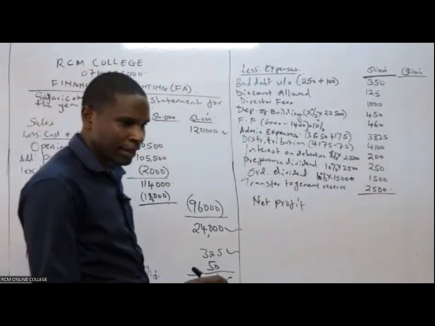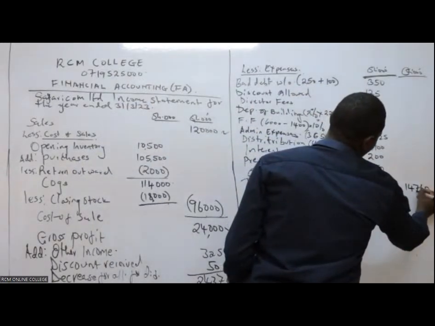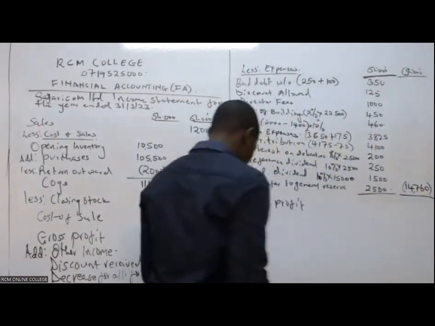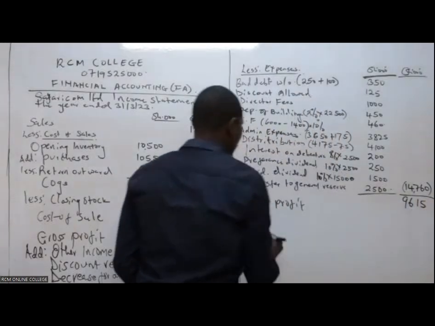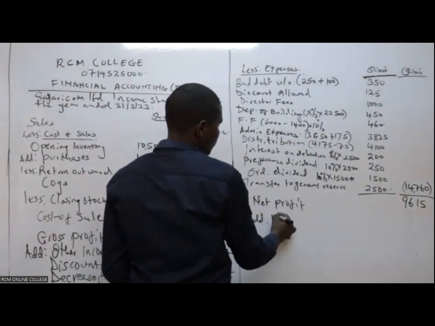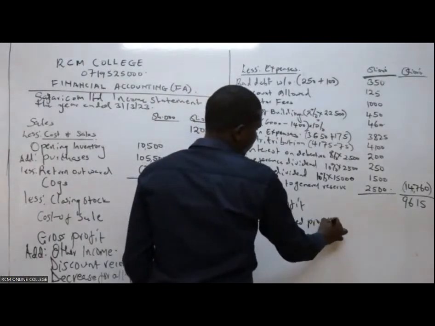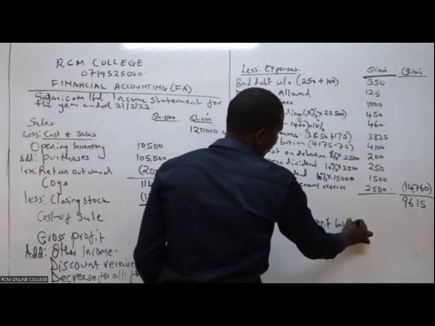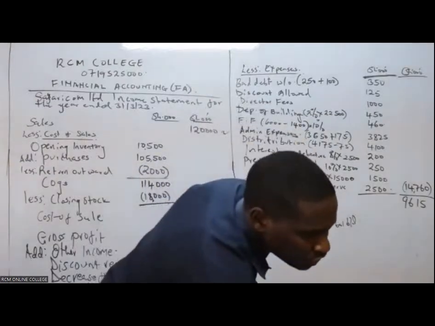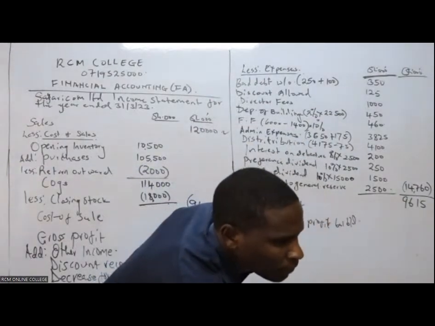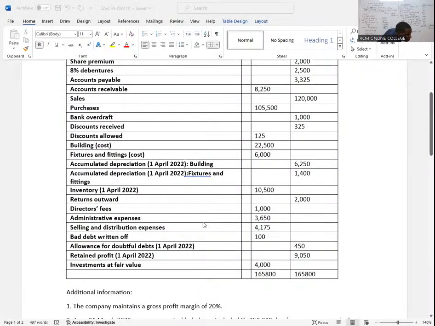Okay. Now everyone has got it, thank you. 14,760. Now having that, we can deduct that to get something like I'm getting 96.15, and then you add retained profit balance brought down. The retained profit balance brought down, class, we shall get it. Let me share this question. Retained profit balance brought down. Can you look at the second?